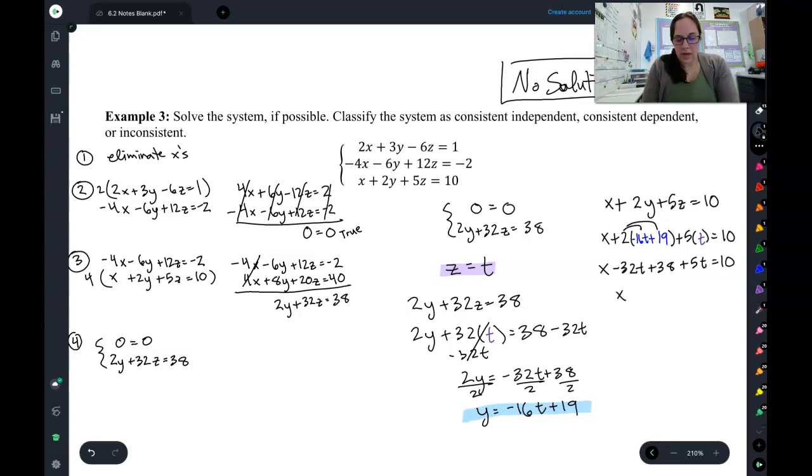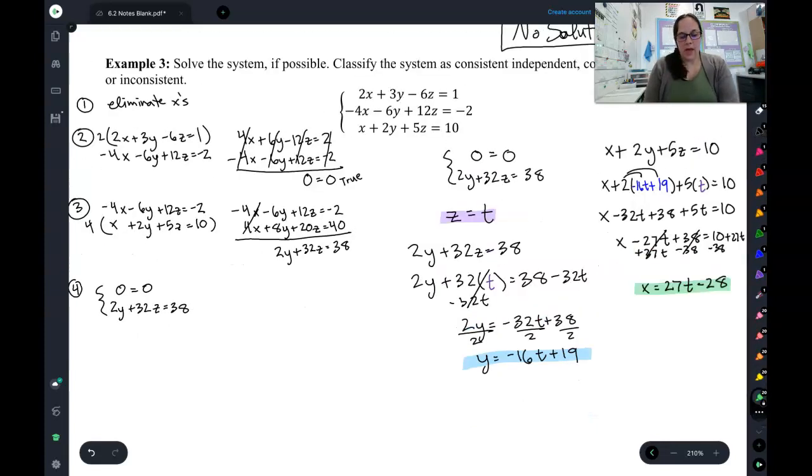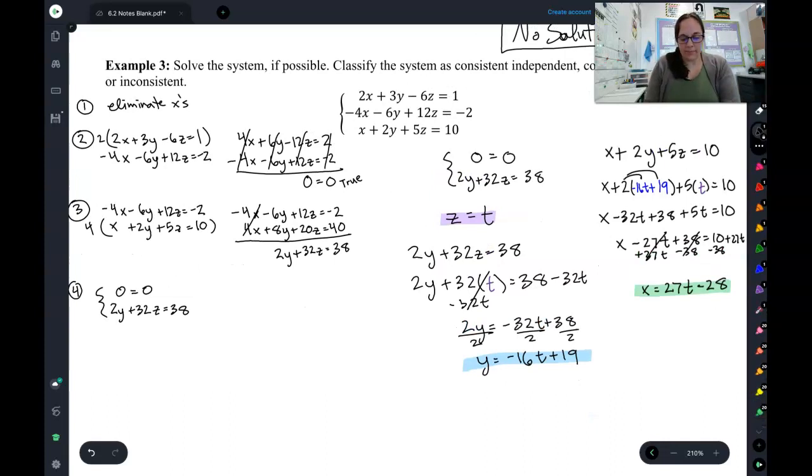So we get x, let's see, negative 32 plus 5 is minus 27t. Bring everything to the same side. And I get x equals 27t minus 28. And there is my coordinate point.